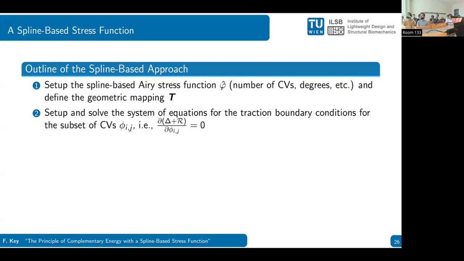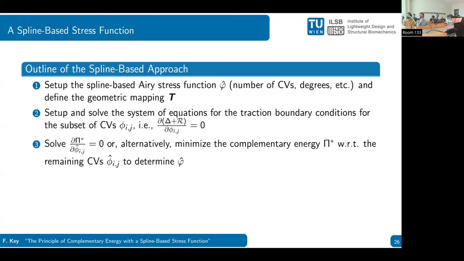Then, next step, we can set up the system of equations for the traction boundary conditions and solve this to compute already a subset of control variables by this addition that I explained before. So at this stage, the boundary conditions already determine part of our unknowns, and we are only left with a few unknown control variables.